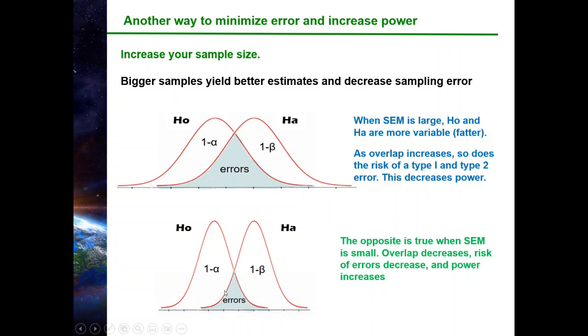With less overlap, we see a reduction in the probability of making an error and an increased probability of making a correct decision. All right. So again, increasing your sample size will reduce the variability of H0 and HA, and it's through reducing SEM. All right. So low SEM, low variability, less overlap.